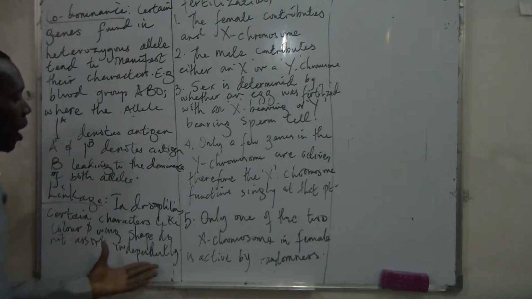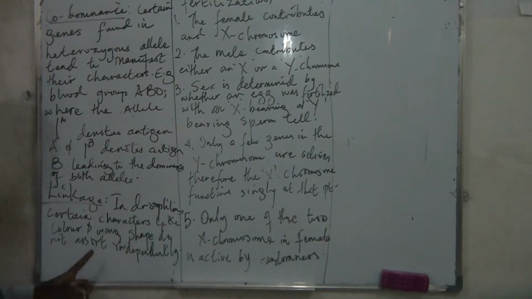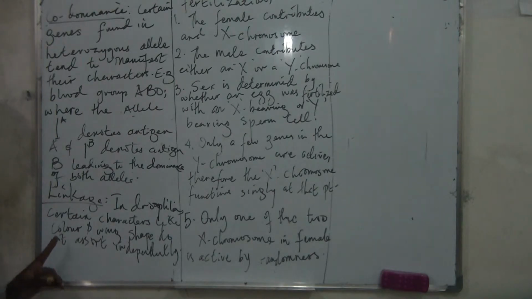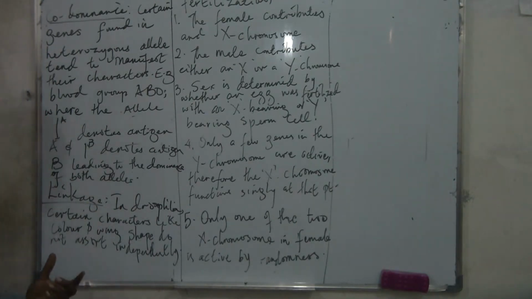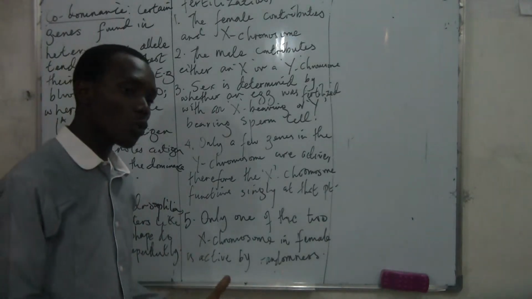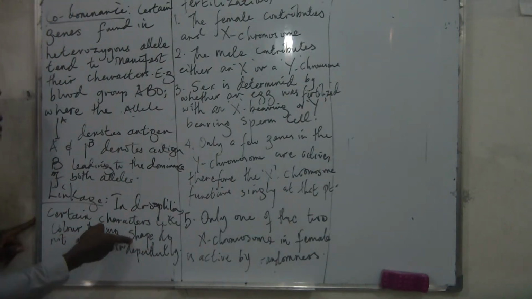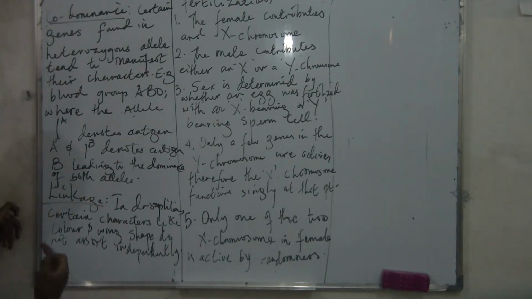But when Drosophila was studied, it was discovered that the gene that denotes the color of that organism and the shape of the wings are sorted dependently. Both of them, by sorted would mean aggregation. They are formed together. So the color is dependent on the shape of the wings, and the shape of the wings is dependent on what? The color. So that is what we refer to as what? Linkage, meaning these two genes are linked.